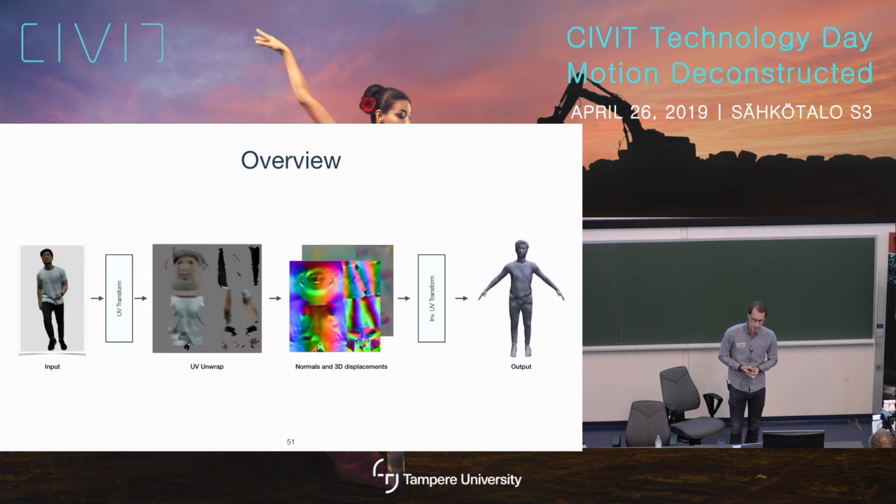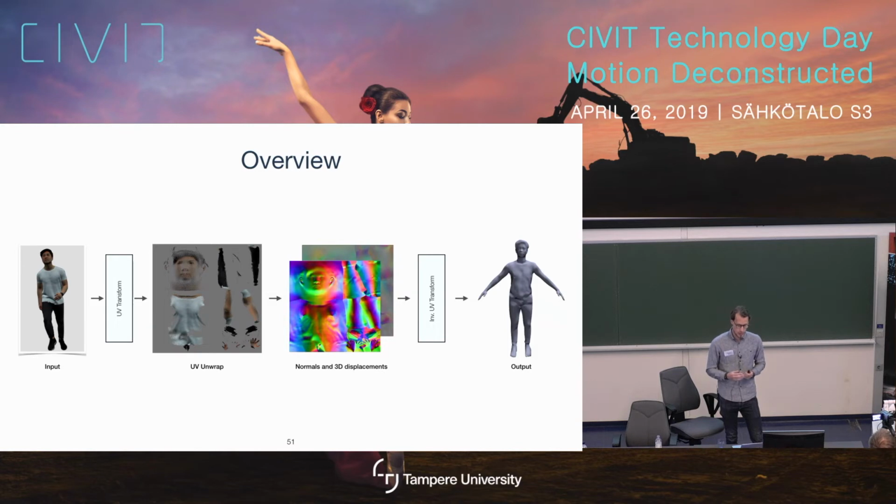So this inspired us to a slightly different pipeline that you can see here. So input to the method is just a photograph, but then we transform it into a different representation, namely a UV map. And from this UV map, we estimate normals and displacements that then can be again applied on the 3D shape with the same mapping.